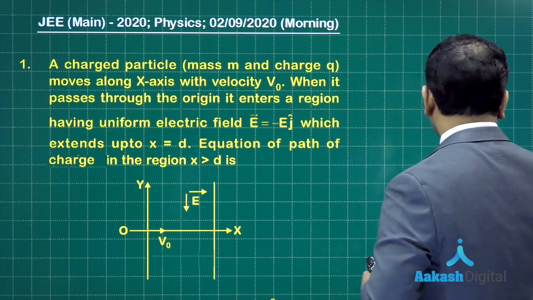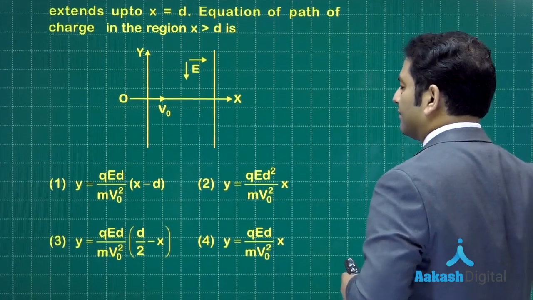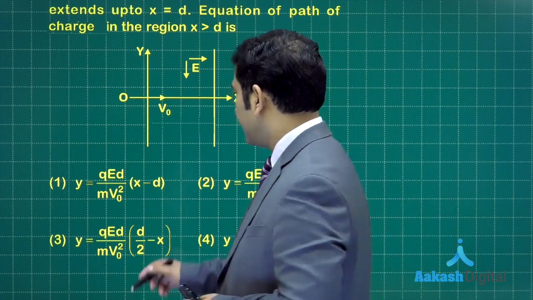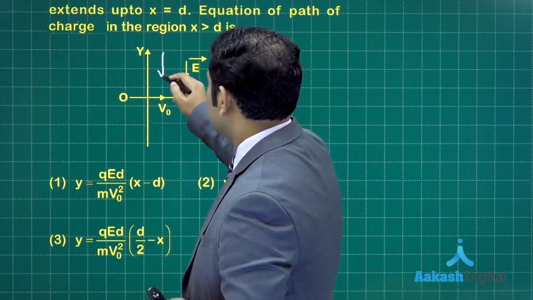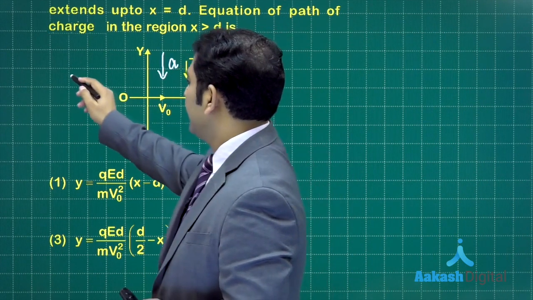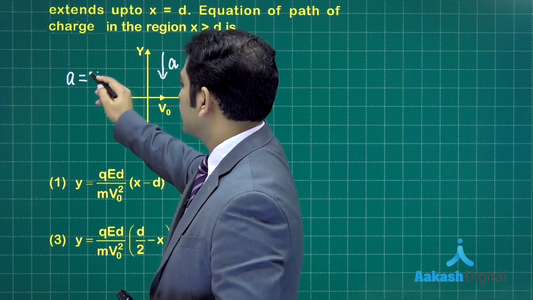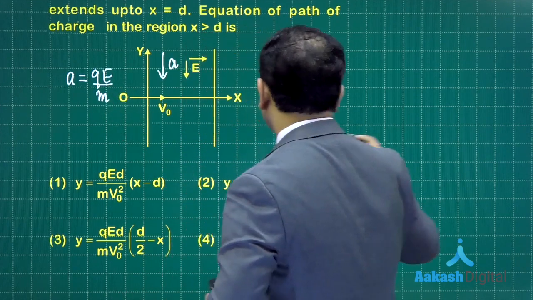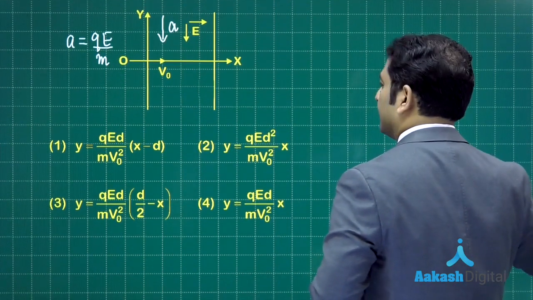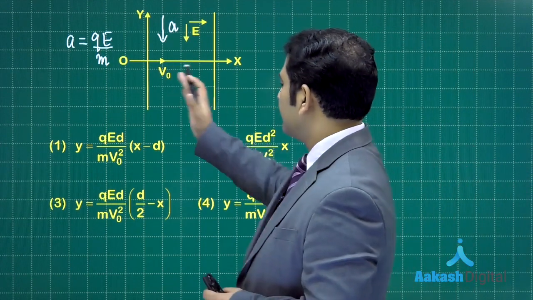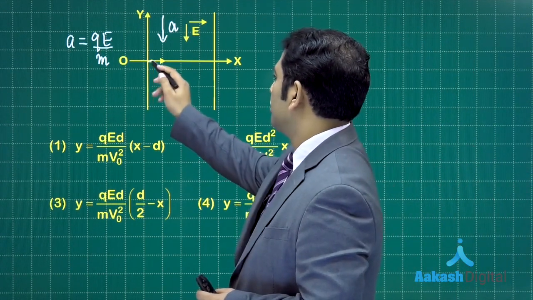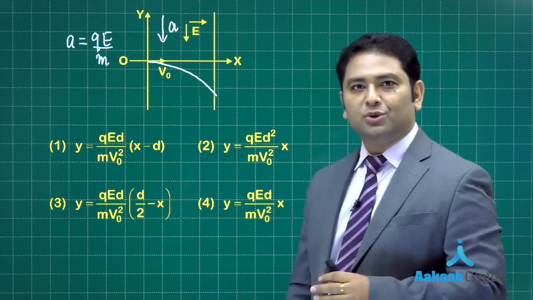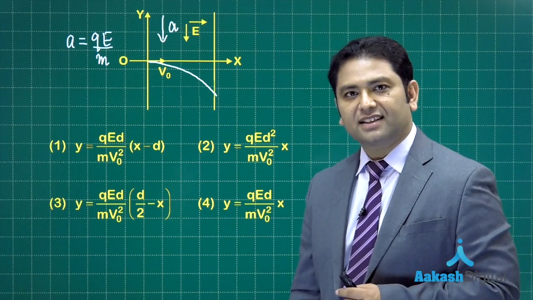Let's see, something very similar to the projectile computation, and let me just first pick up all the variables. So here is the acceleration, and the value of acceleration would of course be qE by m. Now let's see how would the particle move within this zone. Of course, it will move in a parabolic trajectory, velocity perpendicular to uniform acceleration.